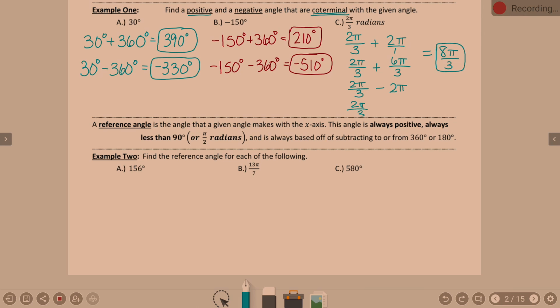So we're doing 2 pi over 3 minus 6 pi over 3, which is negative 4 pi over 3. Coterminal angles are just multiple times around the circle. That's all they are. Okay. 360 or 2 pi.